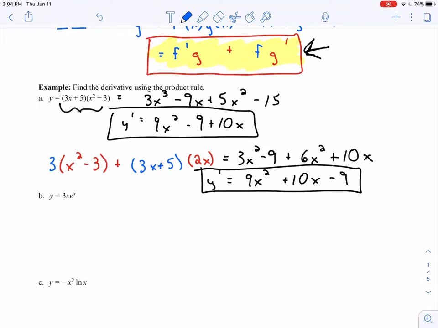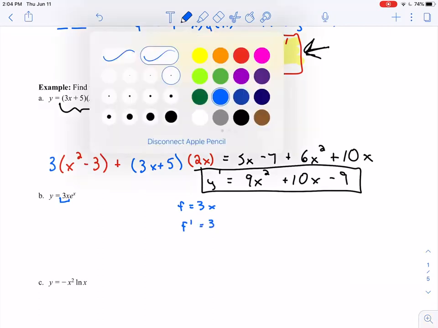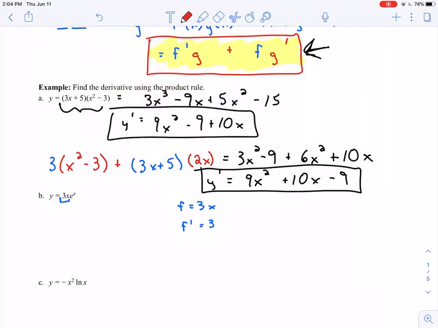So I'm going to, just like last time, off to the side, say here's what f is. In this case I'm going to pick f to be 3x, which means that f prime will just be 3. g will be e to the x, so g is e to the x. g prime, the derivative of e to the x, well, that's just e to the x.